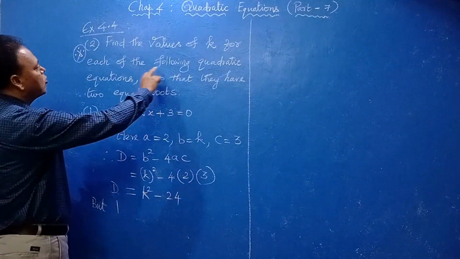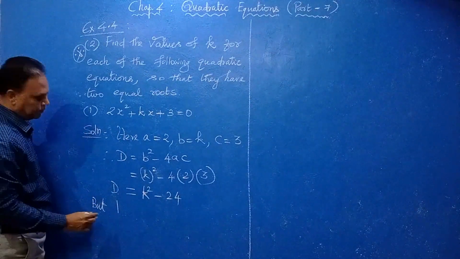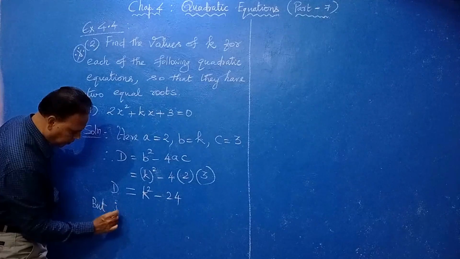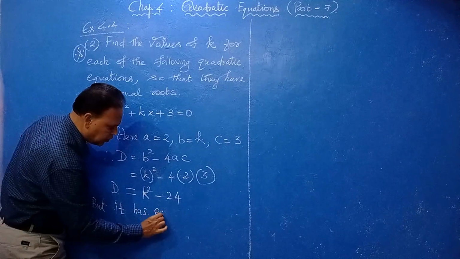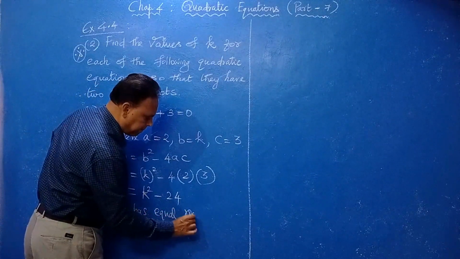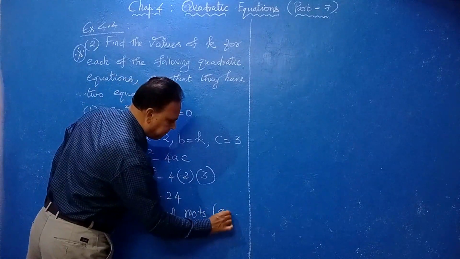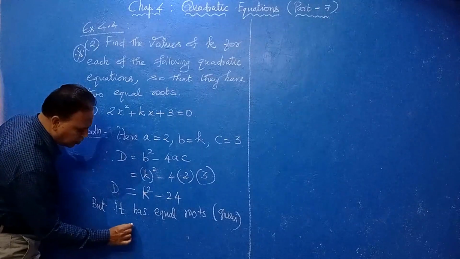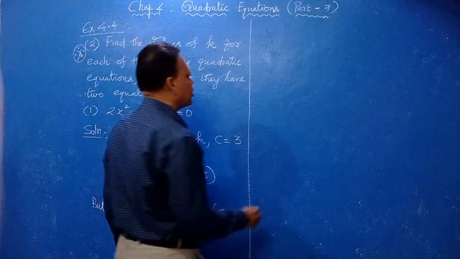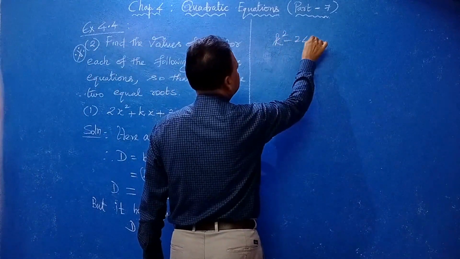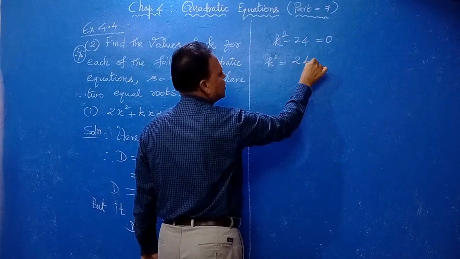But it has equal roots. The quadratic equation has what? Equal roots. Given. So D is equal to 0. What is D? k square minus 24. D is k square minus 24 equal to 0. Now k squared equal to, bring this minus 24 this side, means plus 24.